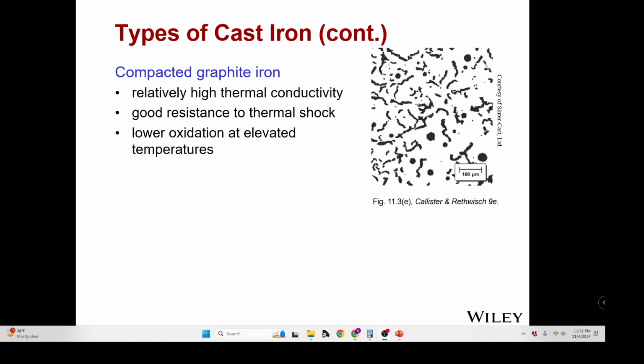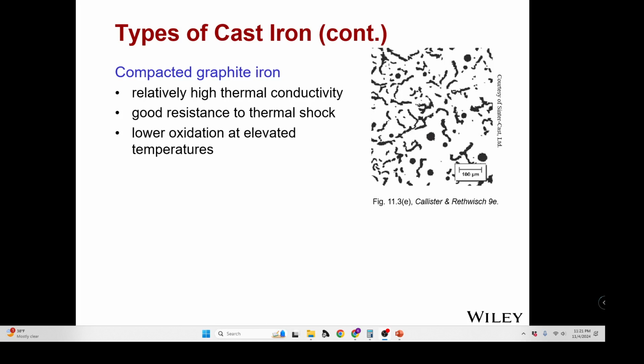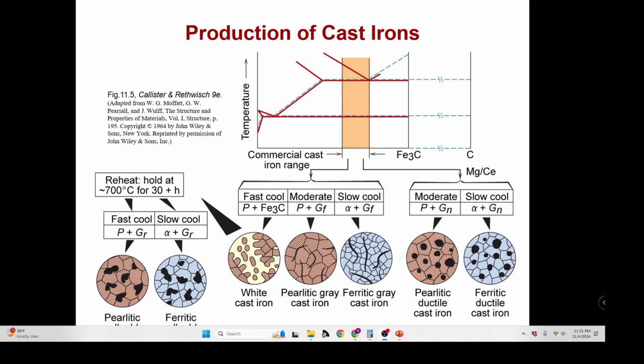So compacted graphite iron is more like what you're going to see in cookware because of those particular properties. You can think of it as like a cast that's also being pressed at the same time. You're going to have better thermal conductivity and better resistance to thermal shock, so all of those properties make it much better for cookware. So Lodge cookware is going to be more like your compacted graphite iron than anything else.